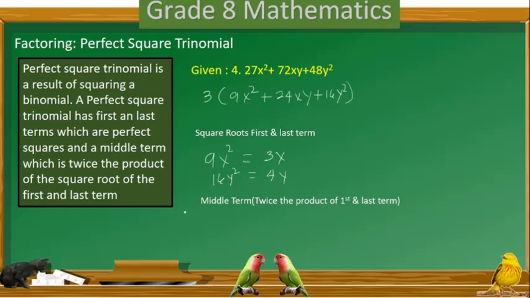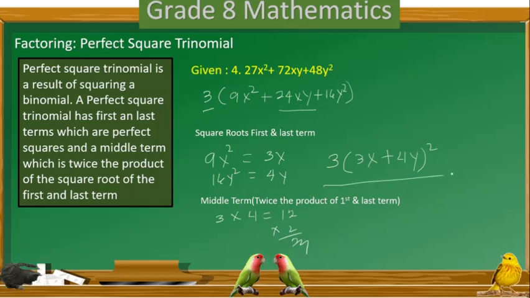Okay, that is 3 times 4 equals 12, times 2 equals 24. Yes, it's true. So you will just write first this 3, times (3x, what is the sign? Positive. So this is positive 4y) squared. That's the answer.